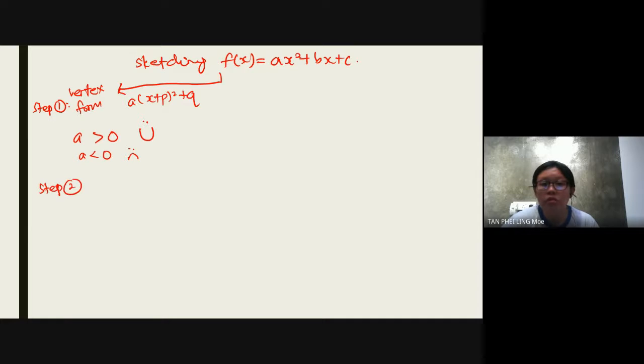Now you know that your curve is like that or like that. But do you know whether they are like that or like that? This will be with regard to the number of roots. So how to determine the number of roots? Remember, the second step you should check is the number of roots, which will be b squared minus 4ac.